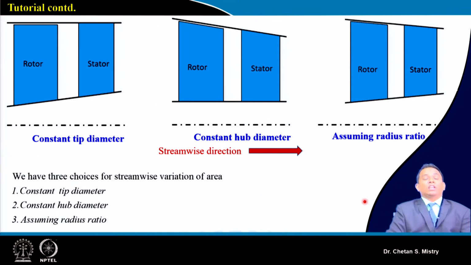Initially you will assume some configuration, and later on, as per the requirement, you may need to modify your design. Suppose you are designing a transonic configuration in multi-stage, for example a low bypass ratio engine where you may have more than one axial flow fan on the LP spool.